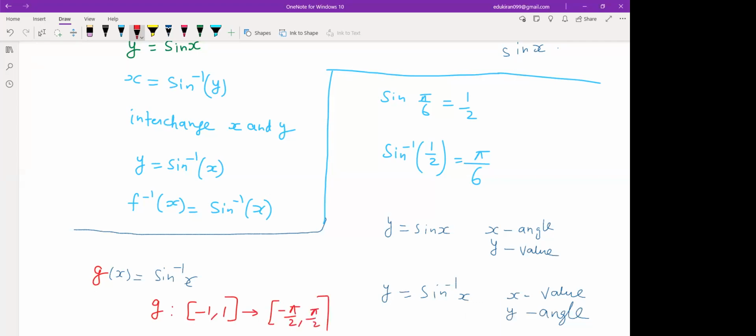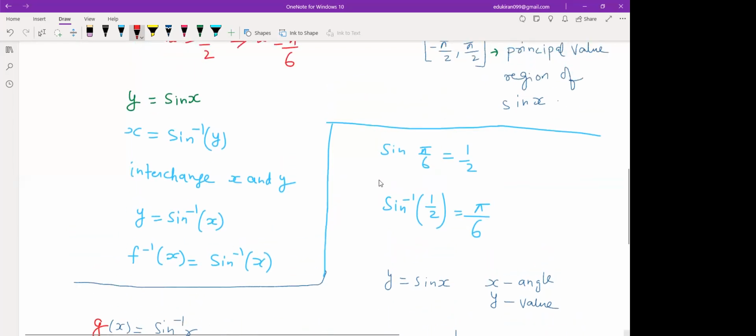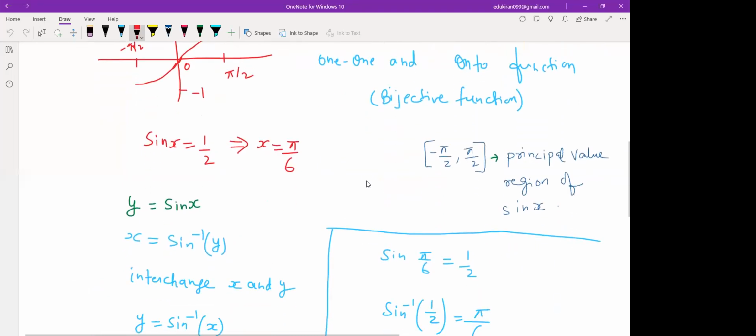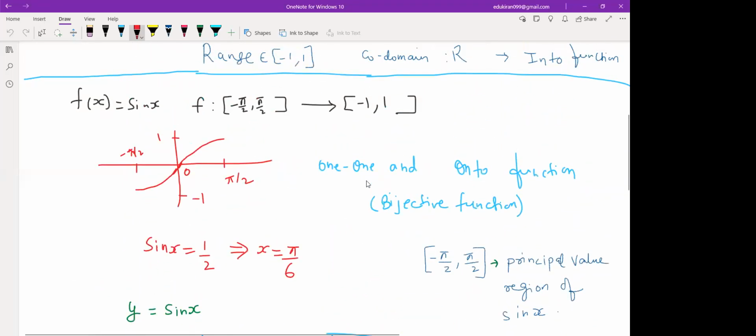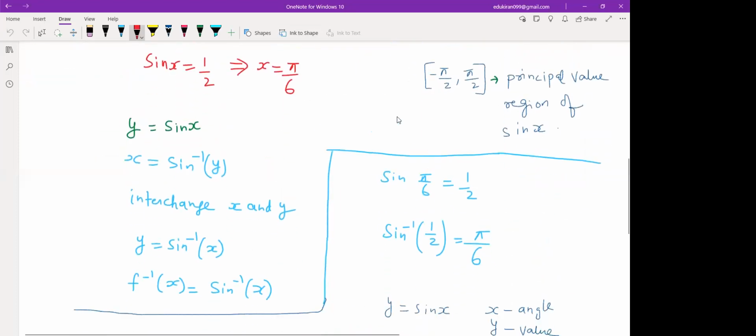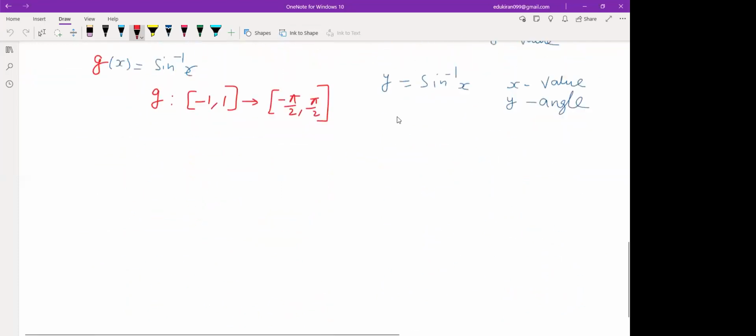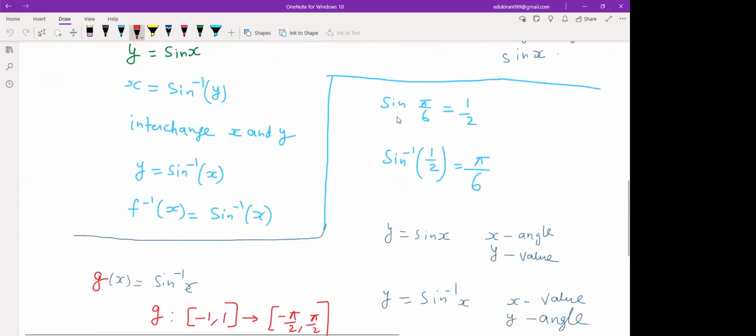That is, the domain and the codomain reverse. In sine x, our domain was the angle and our codomain was the value. Whereas in the inverse function, our domain is the value and the codomain is the angle. So this is sine inverse x. Now we'll draw the graph of sine inverse x. First write this down.